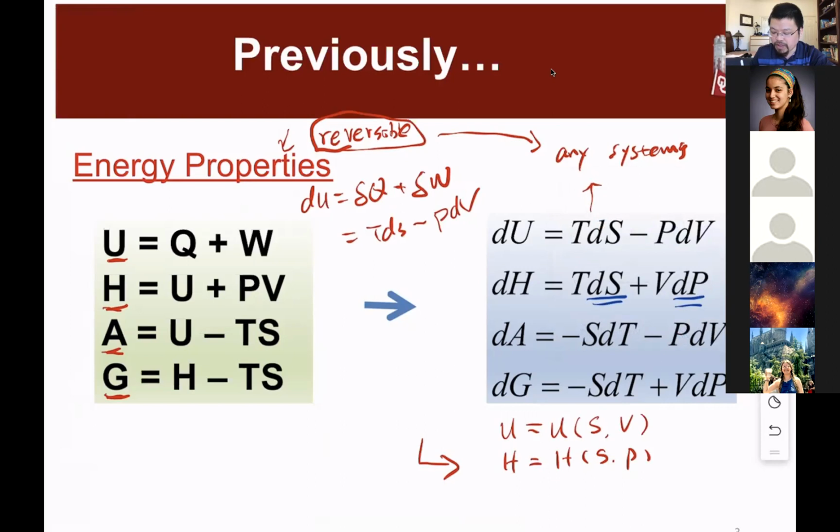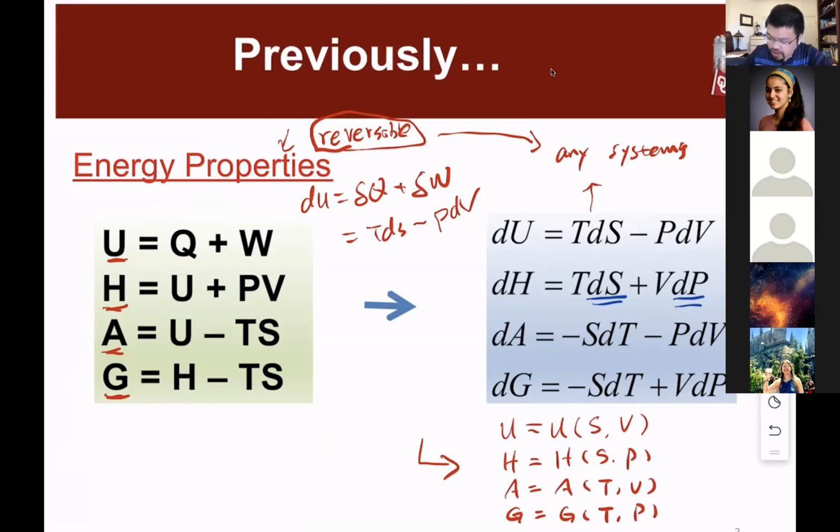So this is why we know that enthalpy itself is a complete equation defined by entropy and pressure. The Helmholtz energy A shall be a function of T and V, and the Gibbs energy shall be a function of temperature and pressure.